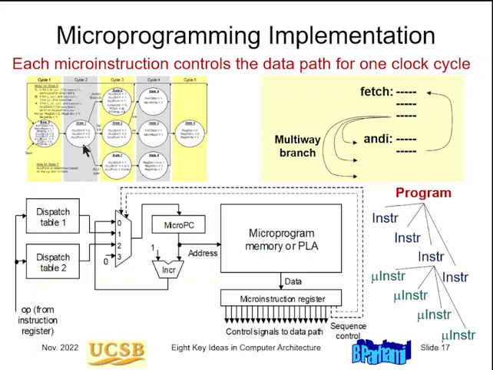So for example, if we are in this state, depending on the instruction code, we have to go to this path, or this path. So the micro instruction that we fetch depends on the opcode or instruction code. And that dependency is recorded in this table. Two tables. The reason we have two tables is that in this particular machine, we sometimes have two branches.